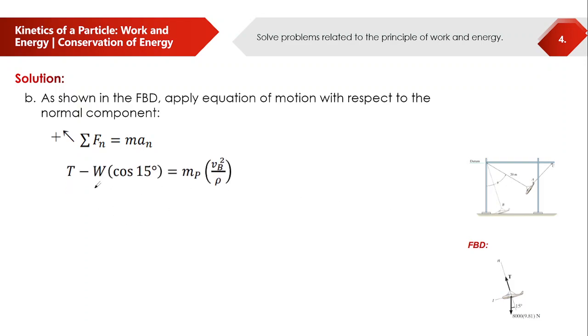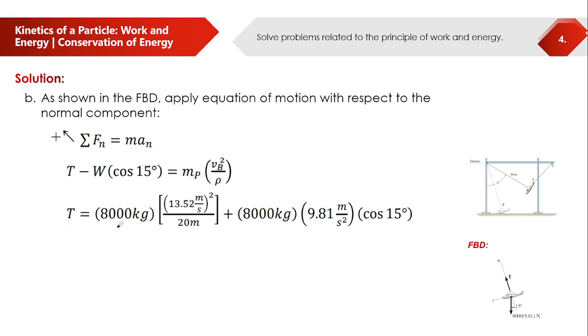That will be the tension of the wire minus W cosine 15, because that is the component of the weight in line with the normal component, weight times cosine 15, equals the mass times v squared over rho. Okay, that's how you solve for the normal acceleration, right? The normal component of the acceleration in planar kinematics. So that will be v squared over rho.